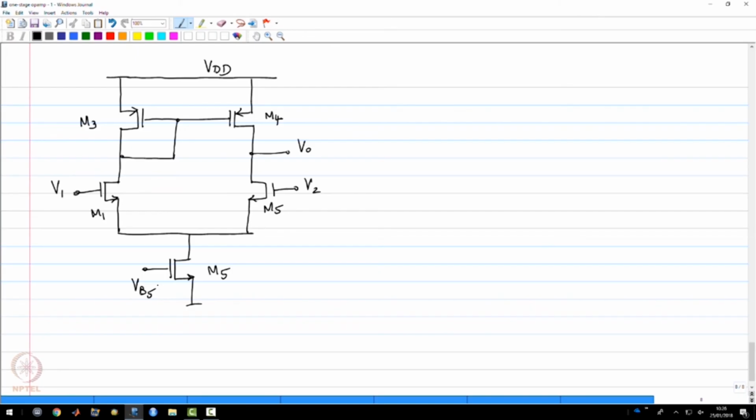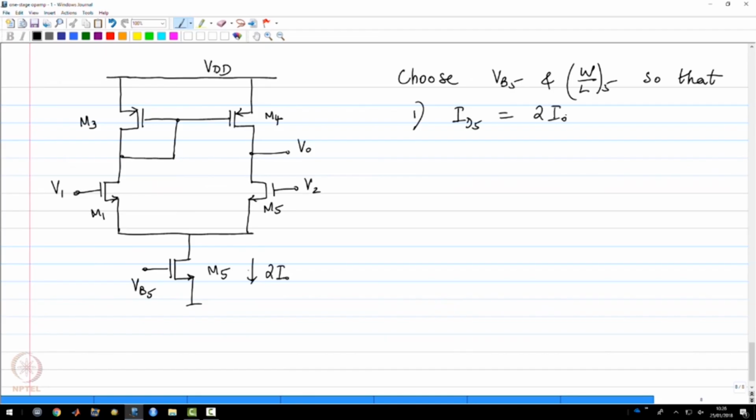The bias voltage and the size of M5, W over L of 5, so we need two conditions. Number one, the current is 2I0, so ID5 should be equal to 2I0, and the second condition is that RDS5, which is the output resistance of this current source, needs to be as large as possible.